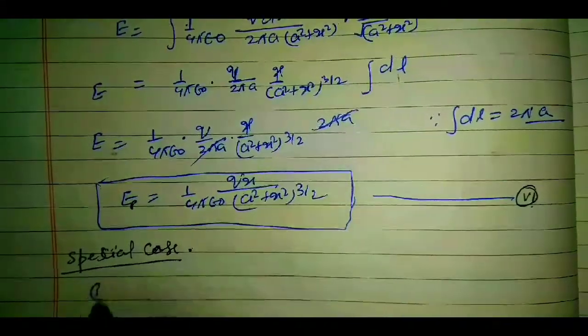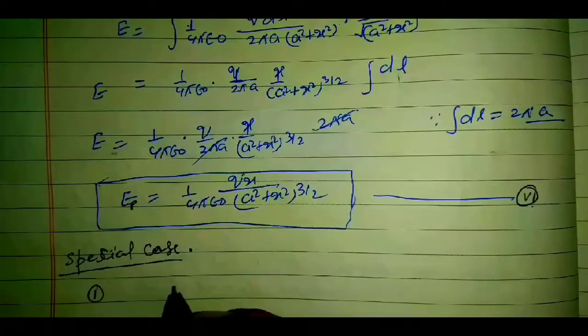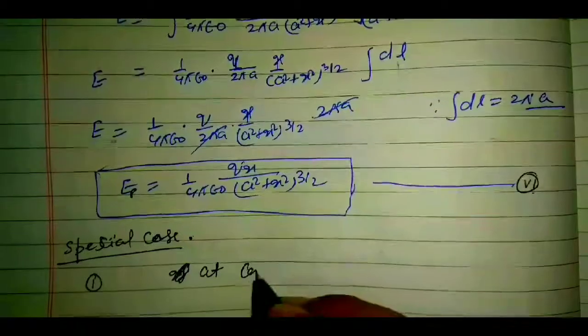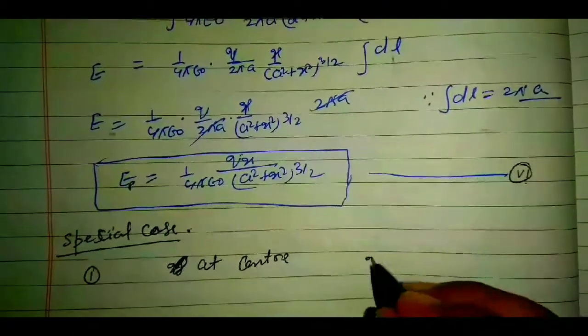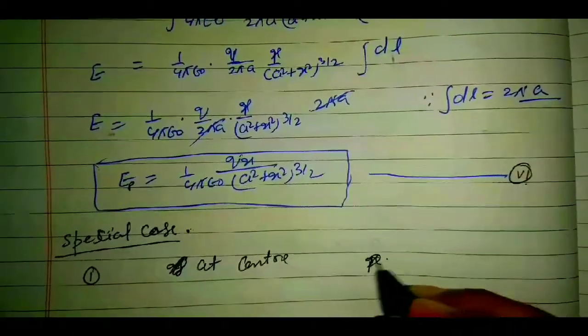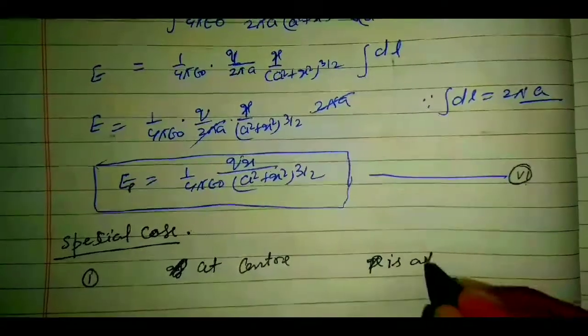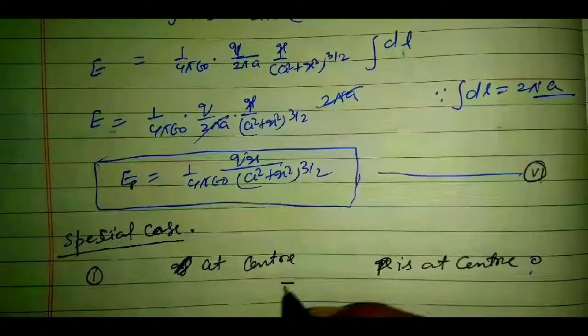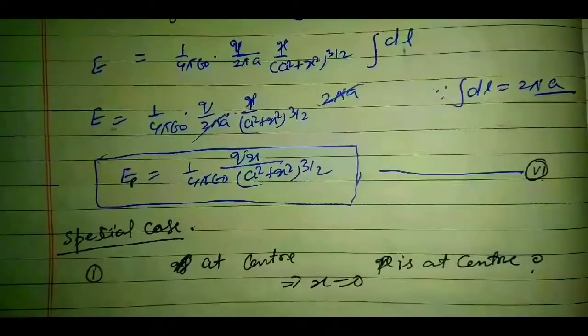Now a special case we are going to see. If P is at center O, this implies that x is equal to 0.